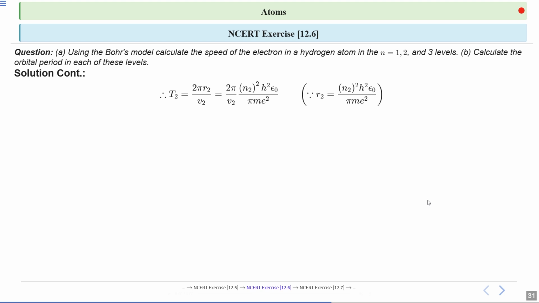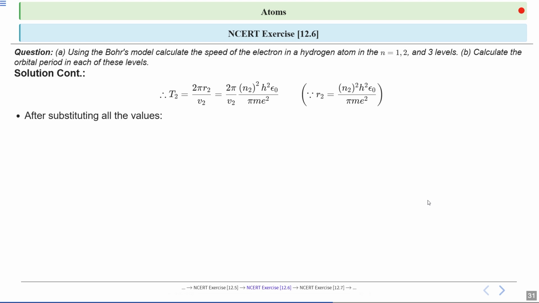Notice how we have substituted the expression of R2 from the Bohr's model, which depends on the quantum number n, Planck's constant h and permittivity of free space epsilon naught, the mass of the electron m and charge of the electron e. All variables are in SI units. And the formula for time period T2 becomes equal to 2 pi n2 square h square epsilon naught upon v2 pi m e square.